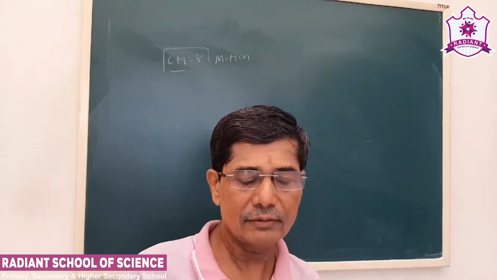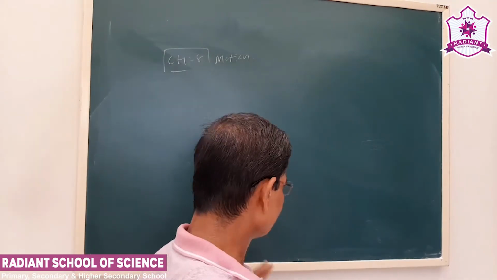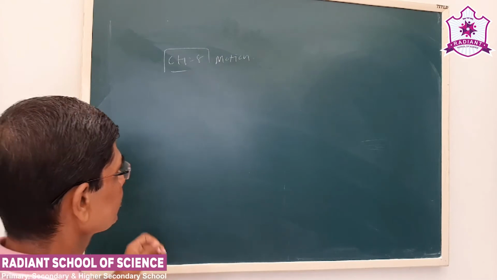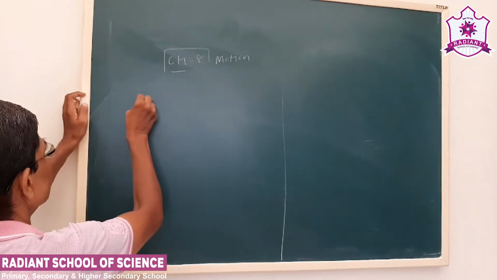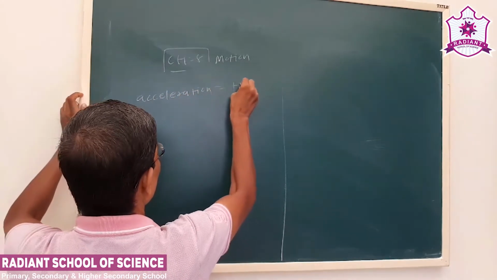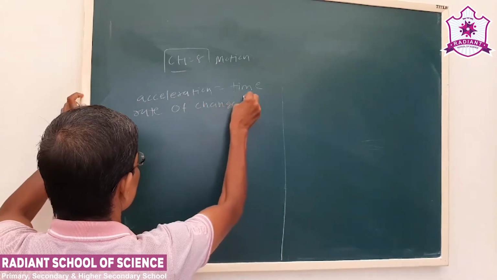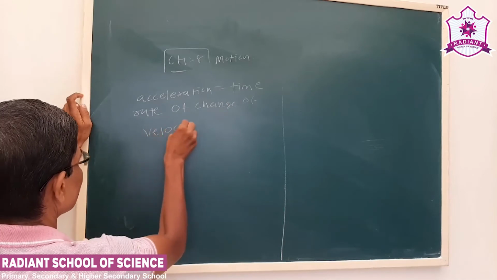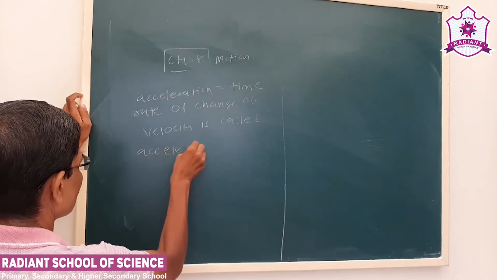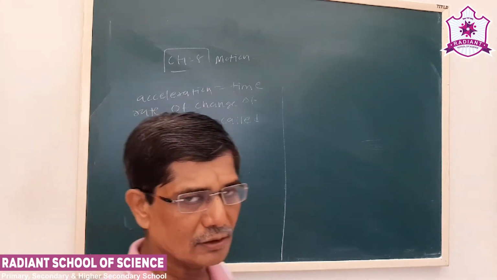Okay, now see, so far we have talked of distance, displacement, speed and velocity. Now see, next we have to see about acceleration. See, the time rate of change of velocity is called acceleration.